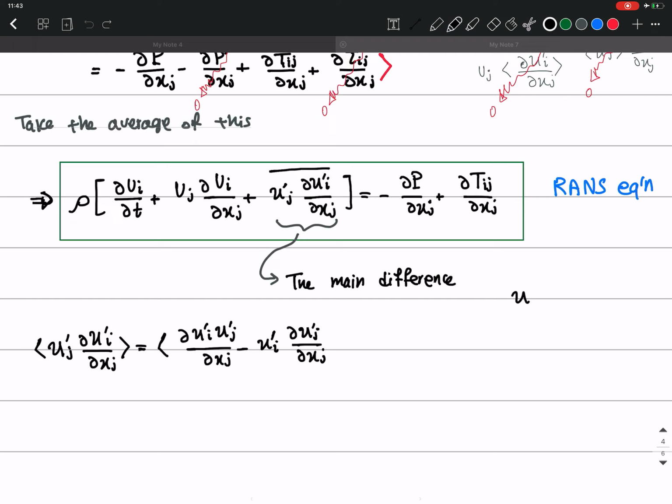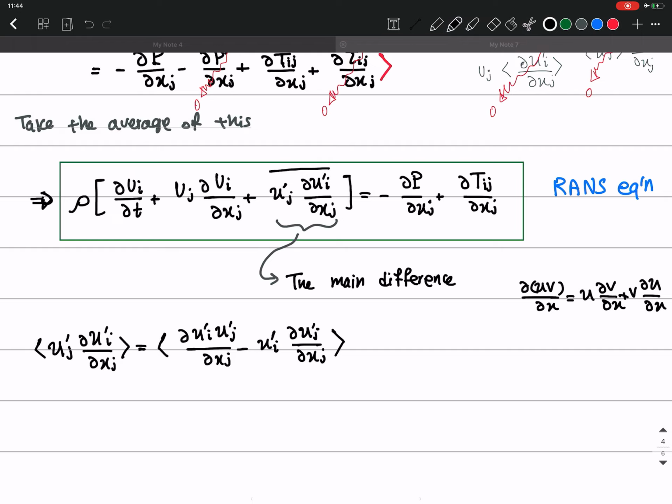Again, it's not necessarily this. Let's say partial uv over x equals u partial v over partial x plus v partial u over partial x, right? So I use this. If we use this, you are going to get this identity here.